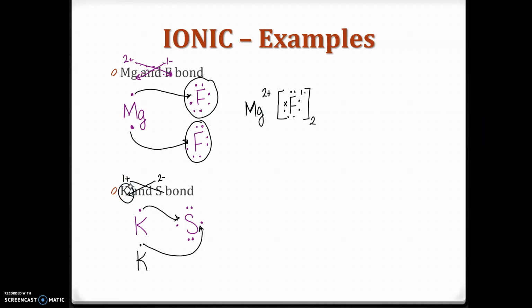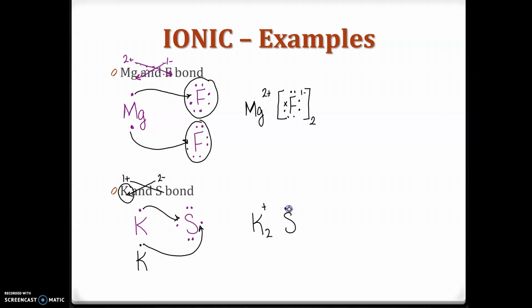So when I simplify, both potassiums got rid of their electrons. So I don't have to put this in brackets because there's no electrons to enclose. There's no electrons to package. Each of those potassiums gave away their valence electrons. But sulfur was on the receiving end.